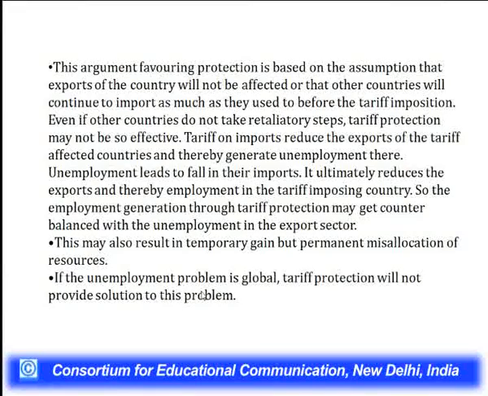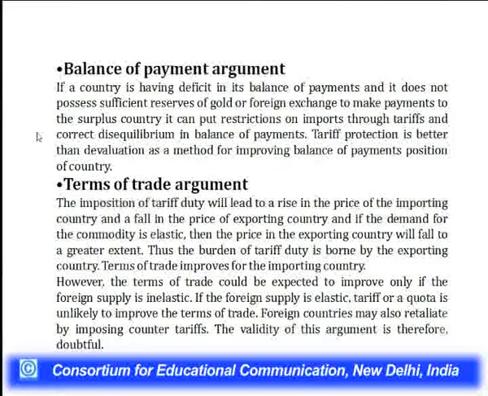a solution to this problem. Now, another argument in favor of protection is the balance of payments argument.